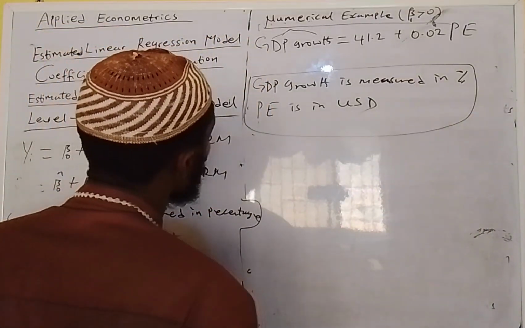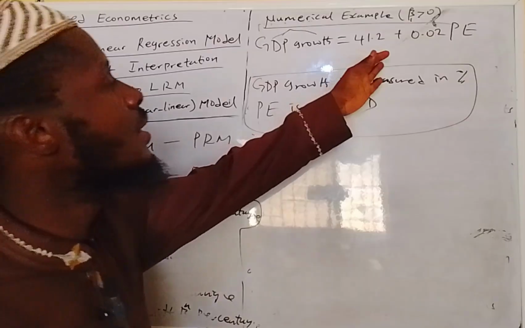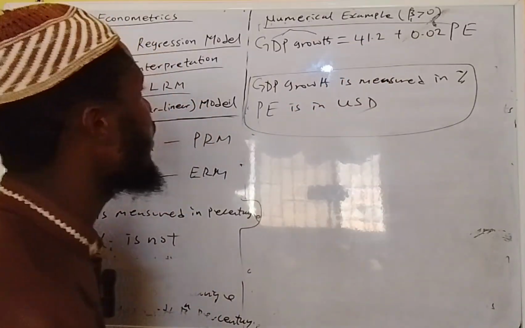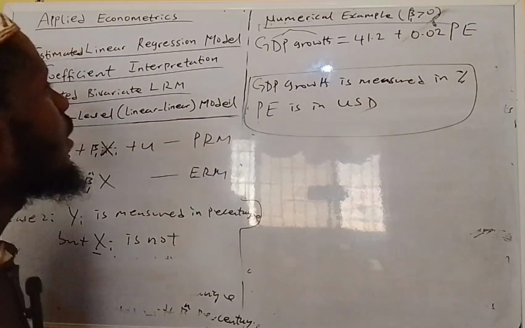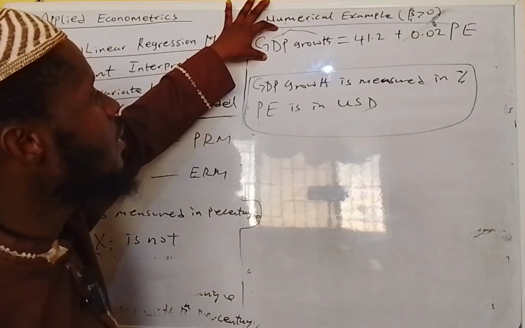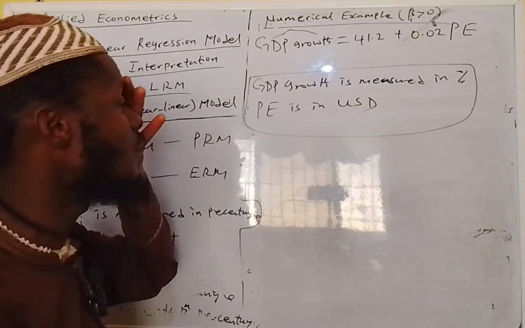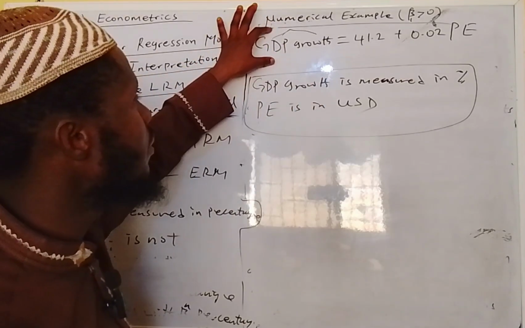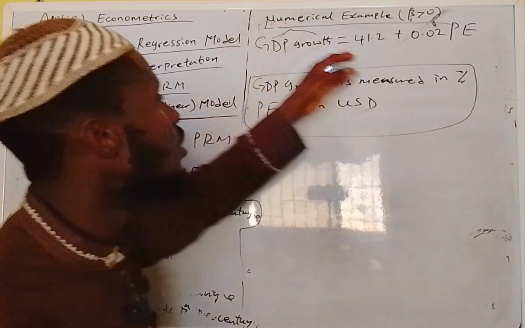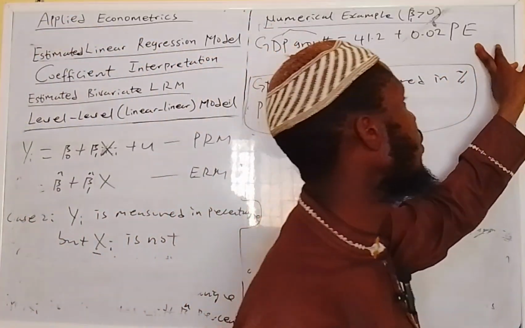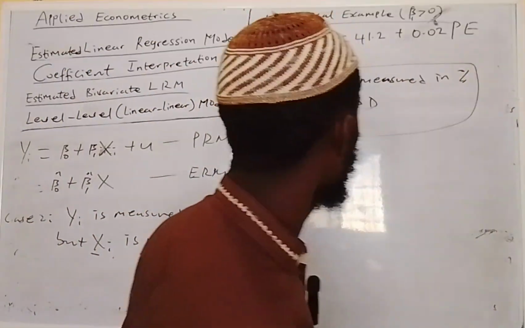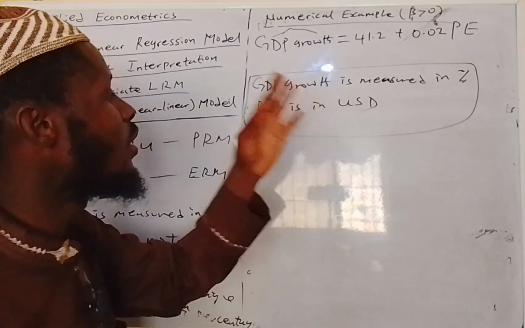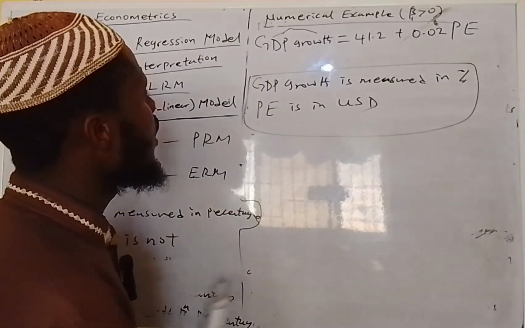Assuming we have estimated a model like this, how do we interpret correctly? Given the fact that the dependent variable here is measured in percentage, it's still a level model, but the independent variable is measured in the original unit, which is in US dollar, not measured in percentage. Now, how do we interpret?